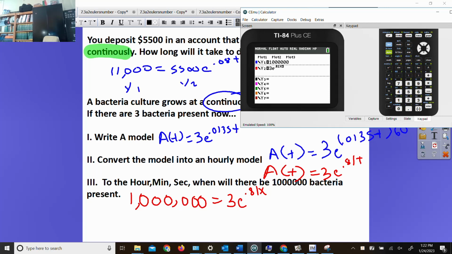I like a 10% cushion when it comes to stuff like this. I would put in 7 ones. That's about a 10% cushion. The reason I like a 10% cushion is that it gives you white space up top. It gives you clear space. If you do enough of this, you'll understand why you want a good bit of clear space above what you're looking at. So I just put in 7 ones as my Y max because that's more than 1,000,000. And then graph.